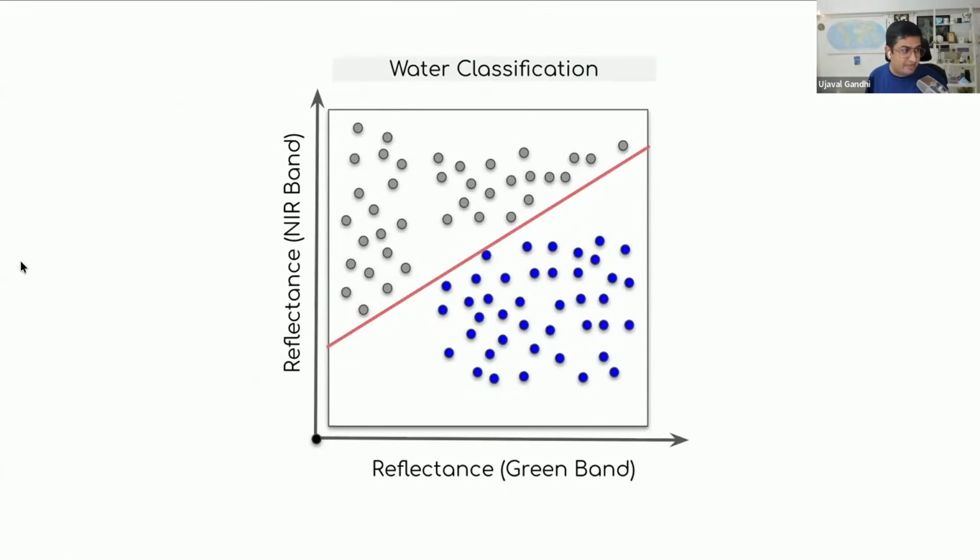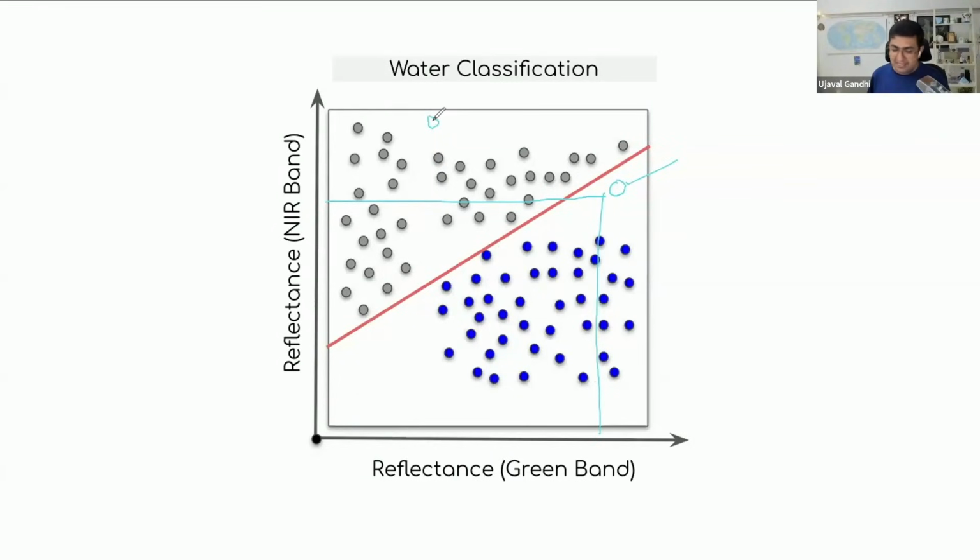I have my trained SVM model. If the pixel is here, I look at a pixel, I find its green value. So this is the green reflectance of the pixel. This is the NIR reflectance of the pixel. If the pixel is here, it's going to ask SVM, what do you think this is? SVM will say, this is below the line, so I'll label this as water. We'll move on to the next pixel. You'll find the reflectance of that pixel and say, oh, this is the reflectance of this pixel in green and NIR band.